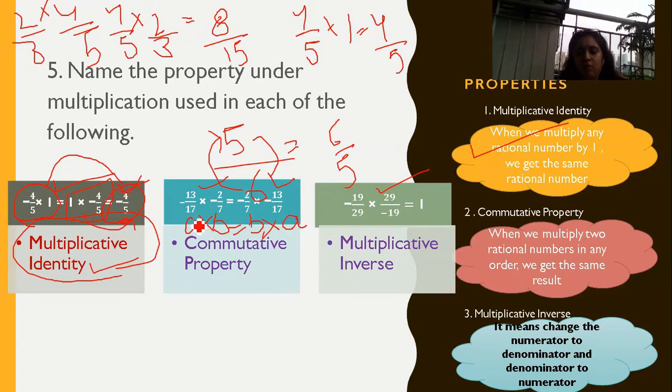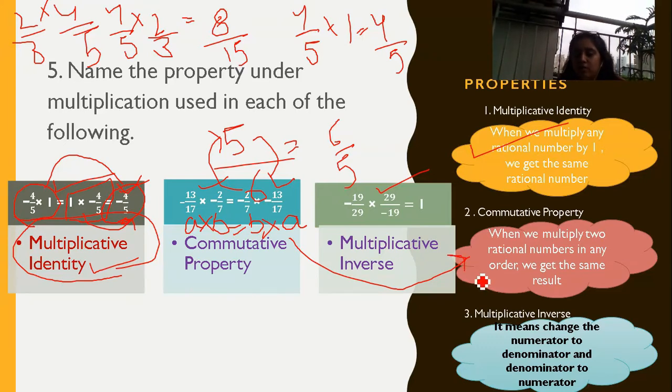So what you are seeing in this question is that a multiplied by b equals b multiplied by a. This is our commutative property. I have just told you that when we multiply any two rational numbers in any order, we get the same result. If you multiply minus 13 upon 7 by minus 2 upon 7, whatever answer you get is exactly the same as the answer you get from multiplying minus 2 upon 7 and minus 13 upon 7.